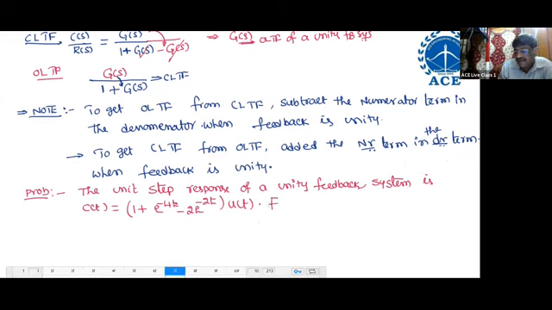Find type, order and closed loop system gain. Come on, do it.